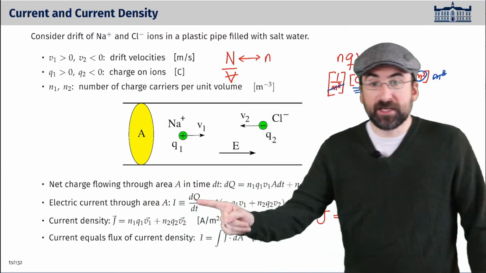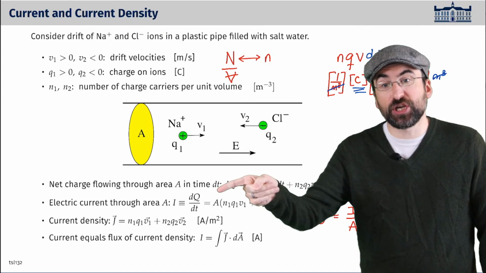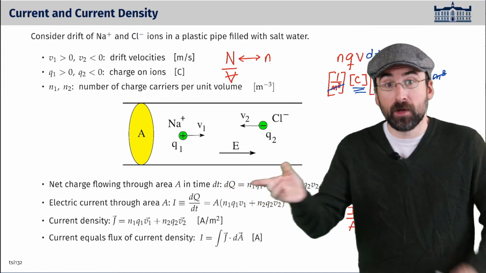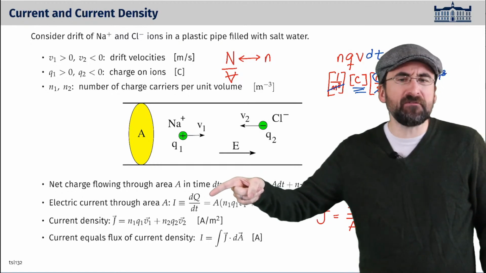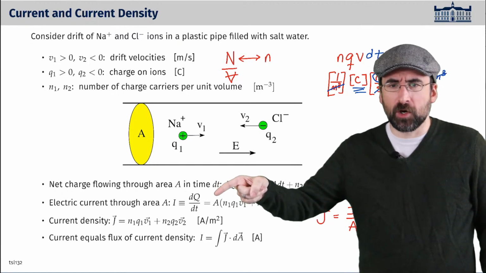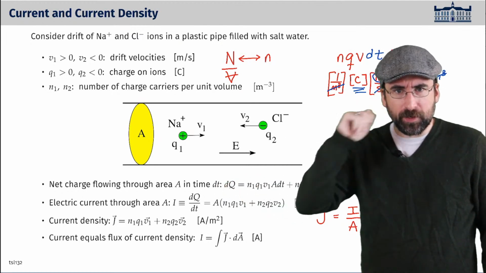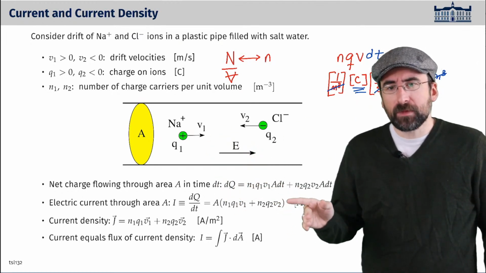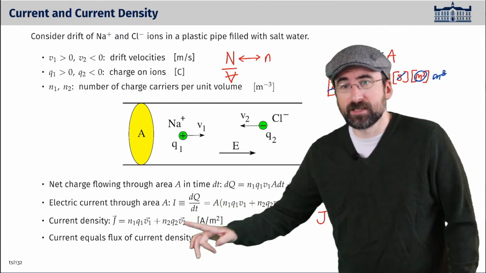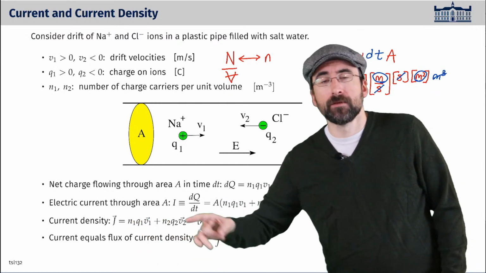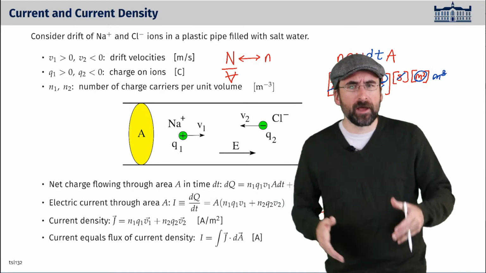This is because this expression here, which is the current in the wire, depends on the geometry of the wire. A larger pipe will have more current. This is not convenient for us. In general, we don't want to have dependence on the wire when we're doing problems like this. And so for current density, we divide that area out. This gives us something that depends only on the motion of the charges themselves, which is arguably the more important underlying physical process.